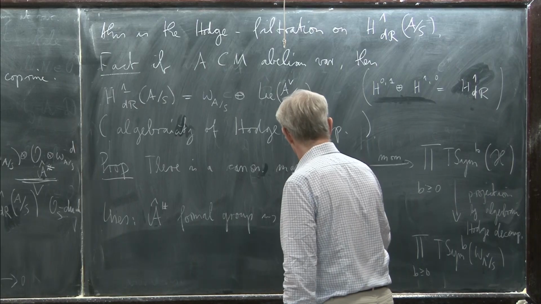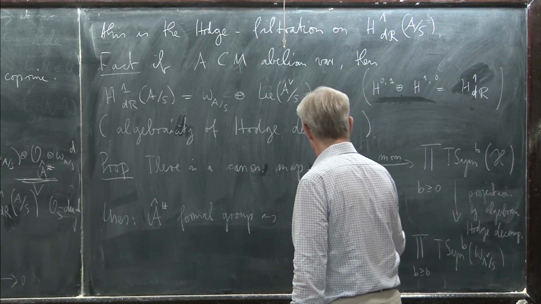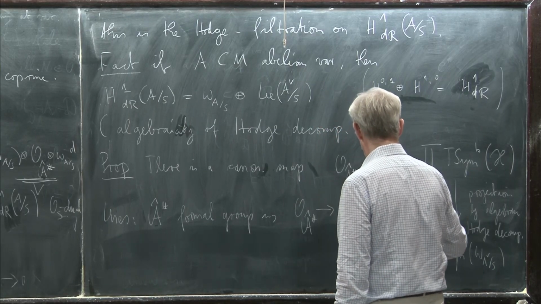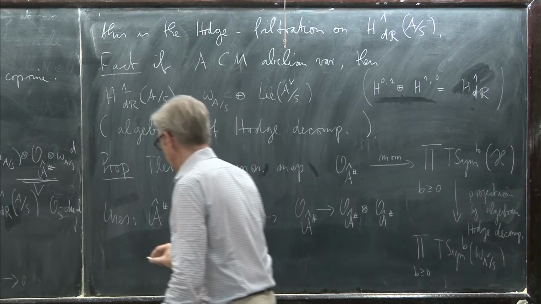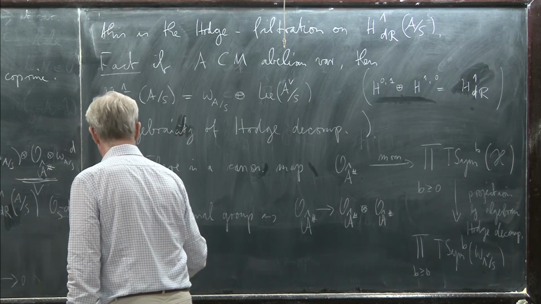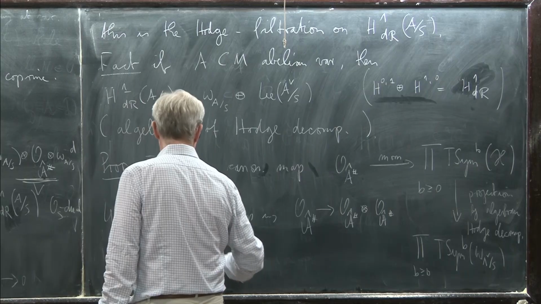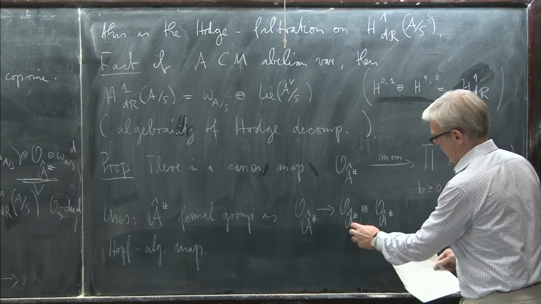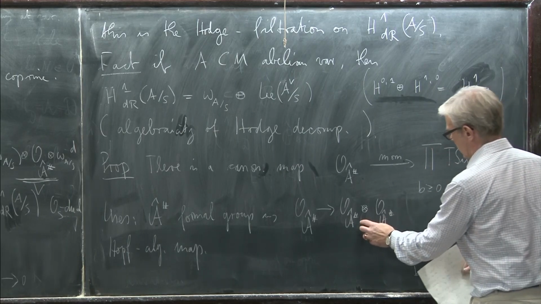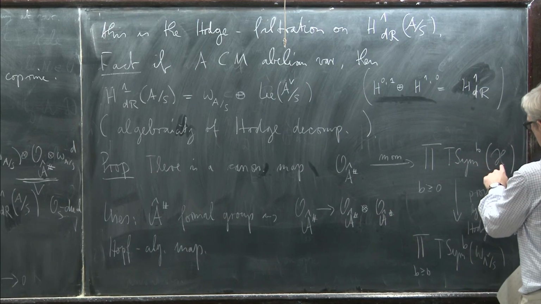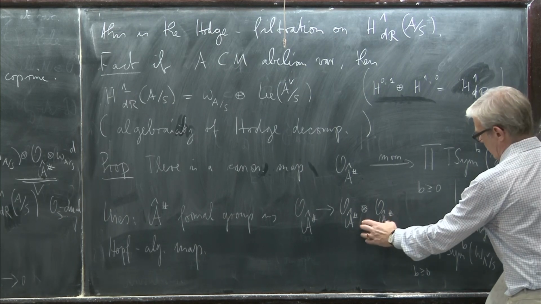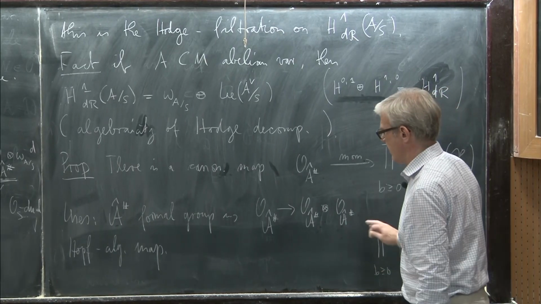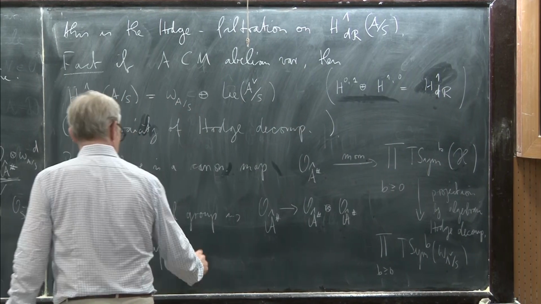So you have a map from OA hat sharp to OA hat sharp tensor OA hat sharp, a Hopf algebra map. And if you iterate that and go then to the first infinitesimal neighborhood, in this first infinitesimal neighborhood, you see the sheaf H, and if you take then B symmetric powers, you get that map. That's a little bit technical, but that is the essential input.